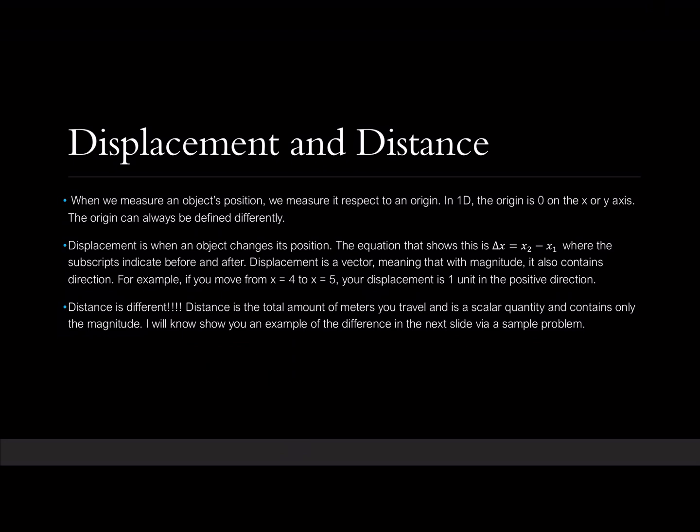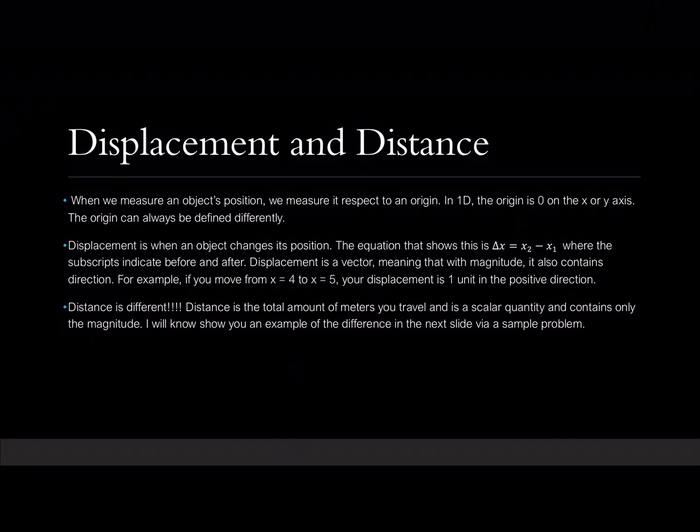So, first we start off with displacement and distance. These are one of the basic ways to describe an object's motion. When you measure an object's position, you measure it with respect to an origin, right?